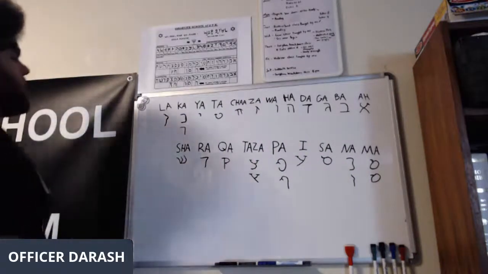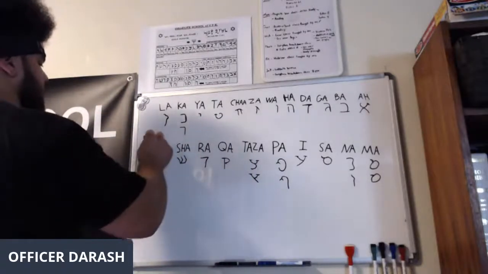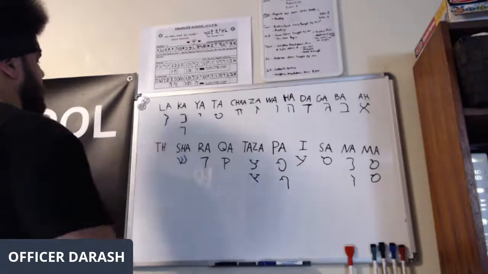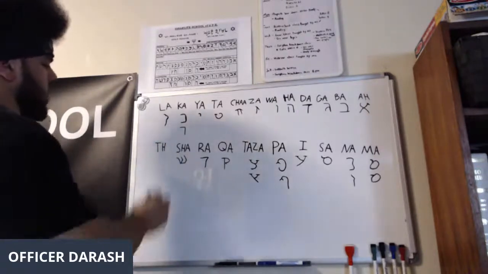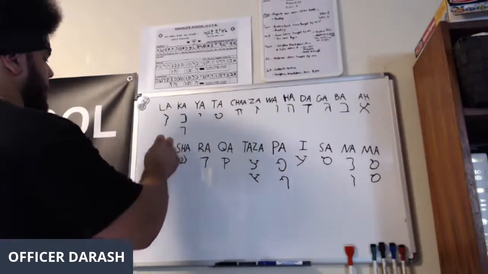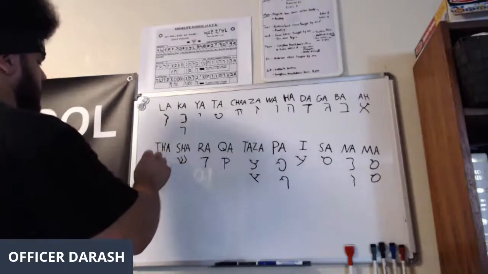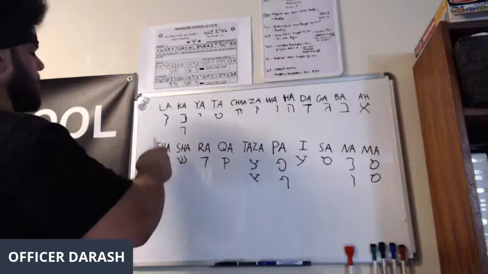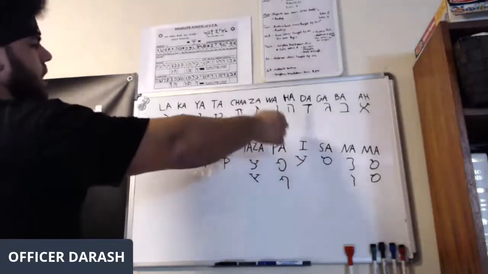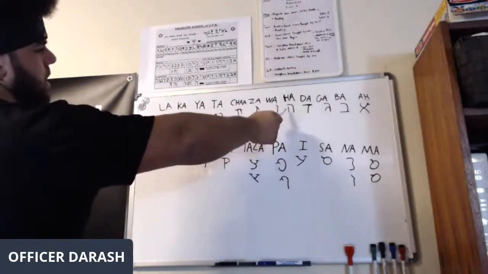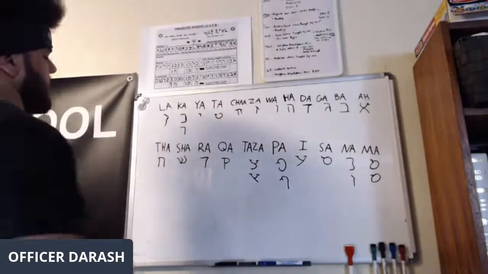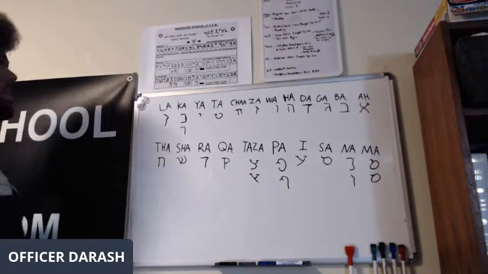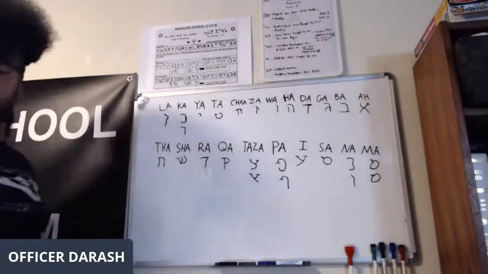That's Sha, Shan, and then the Tha, which they don't even say Tha, they say Ta, which is again a bastardized version. Theirs looks like this. Their Tha looks like their Ha, but the line is not connected. Here it is.